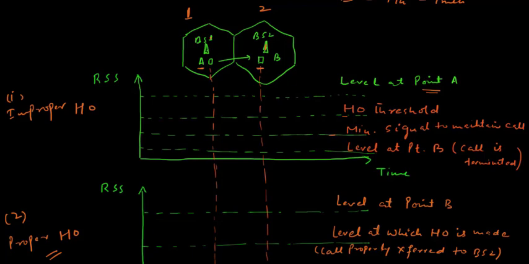And then you have the level at point B, in the next cell, the signal strength in the next cell. Okay, and if your mobile node moves in a fashion as shown by this line, if it directly moves here without performing handoff at this point or even at this point, directly to the new base station's coverage area at this point, then definitely your ongoing call will be terminated.